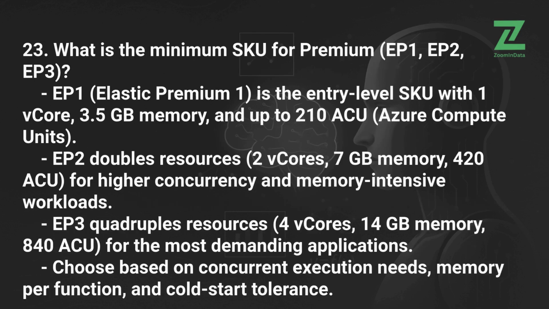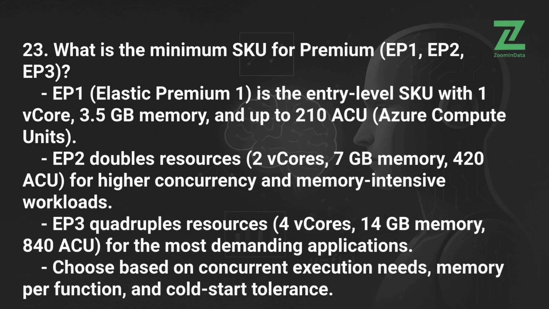23. What is the minimum SKU for Premium: EP1, EP2, EP3? EP1, Elastic Premium 1, is the entry-level SKU with 1 vCore, 3.5 GB memory, and up to 210 ACU, Azure Compute Units.